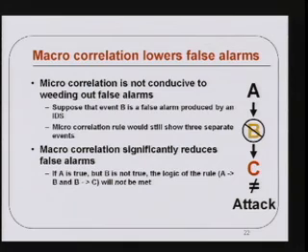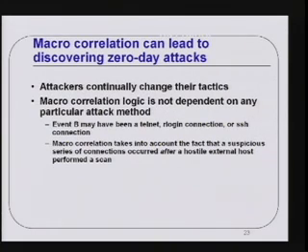It will still see C correctly, but because B is a false alarm, it has now fired a false alarm, so for the three events, it's wrong on one of three. However, in the case of macrocorrelation, A must be true, B must be true, and C must be true if the event has occurred. Since B was false, then we can say with confidence that we do not have an attack.